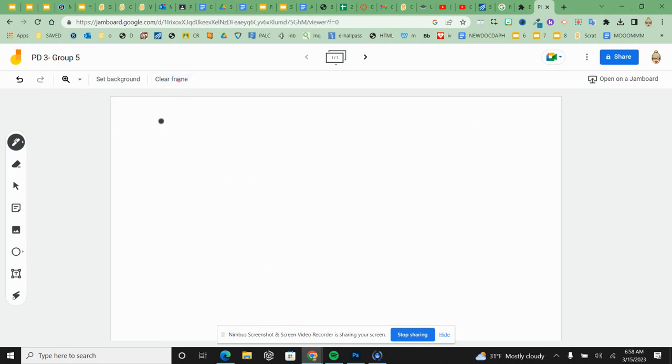Okay, let me do one more. Let's say I'm 48 inches. Okay. Actually, 48 is divisible by 12. Let's pick 49 or 47. Let's go with that. 47 inches. I'm going to divide 47 by 12 as my first step to figure out how many feet are in there. So 47 on my calculator divided by 12 gives me 3.91 something.